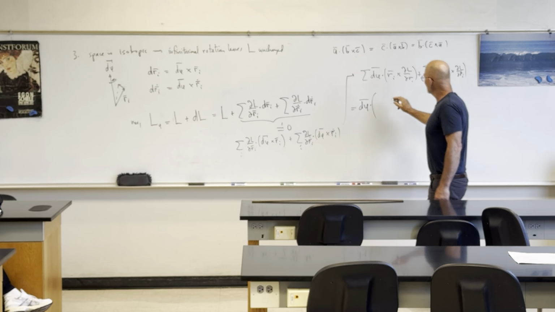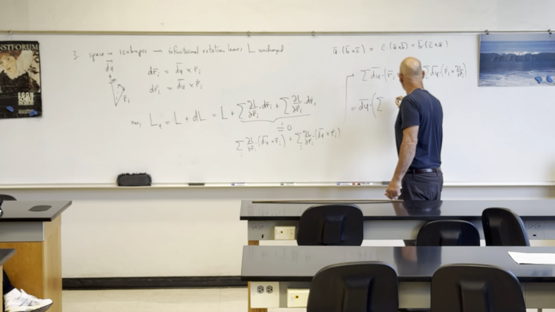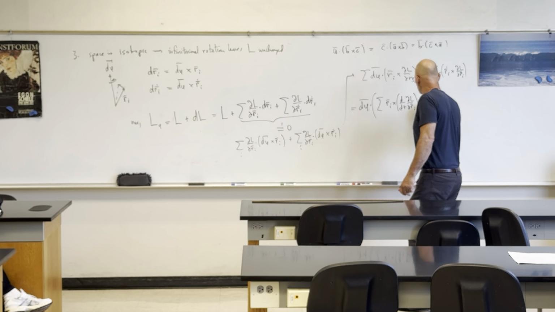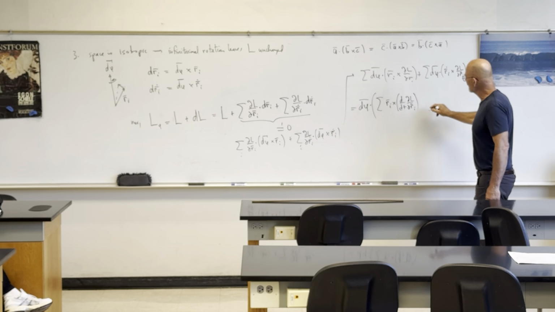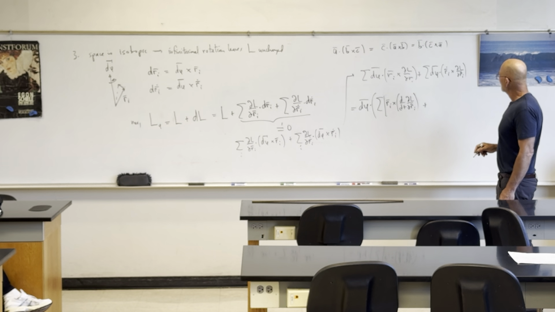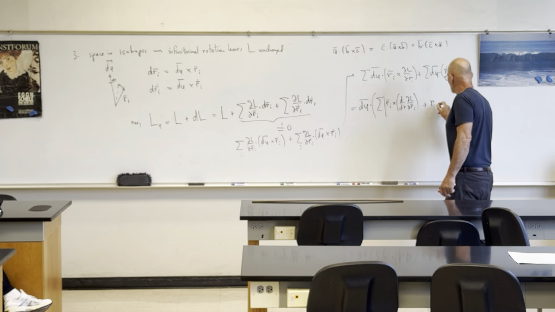So what we have here is r sub i cross, using the Euler-Lagrange equation, d/dt of ∂L/∂r sub i dot, so put this inside one sum, plus r sub i dot cross p sub i.